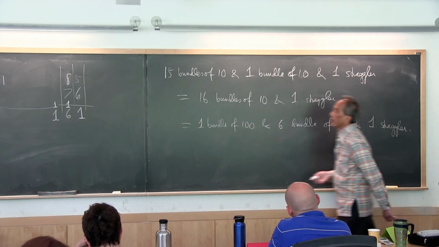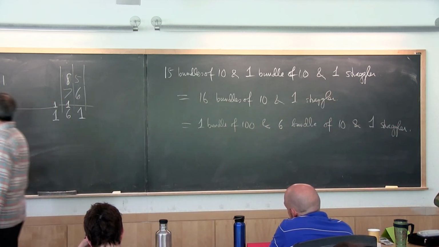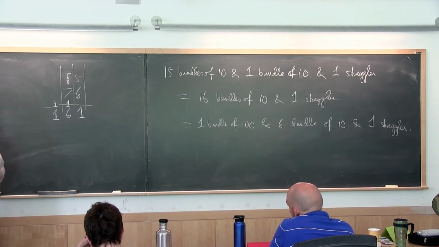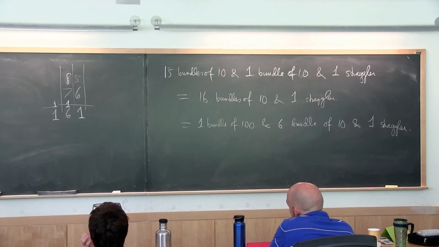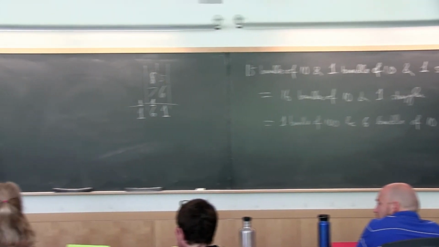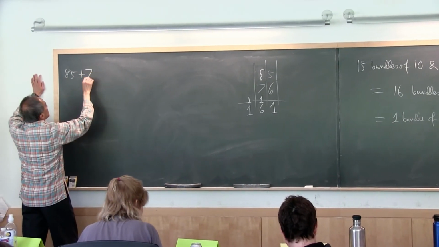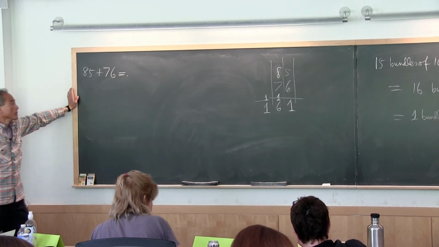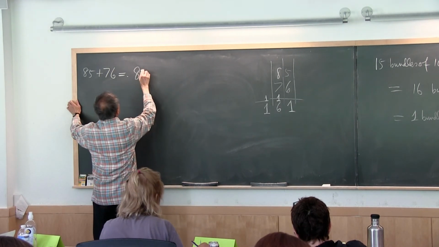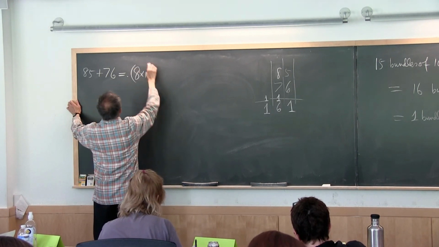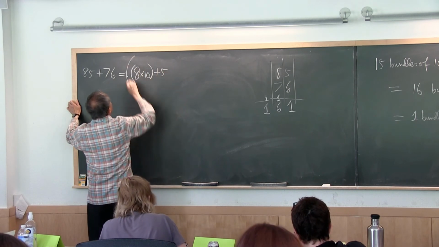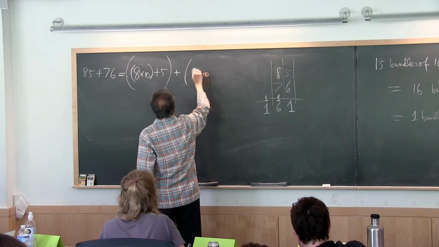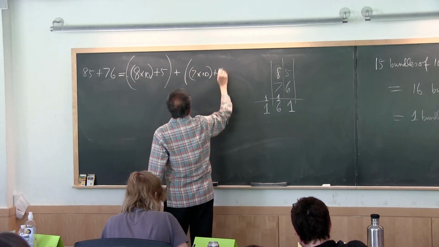Now, again, let's do it the normal way. There's no difference. This is exactly the same. Right? So you say 85 plus 76. It's 8 times 10 plus 5 plus 7 times 10 plus 6.